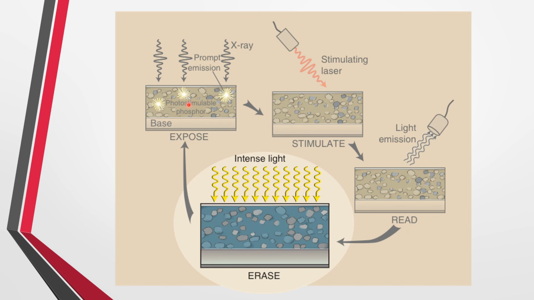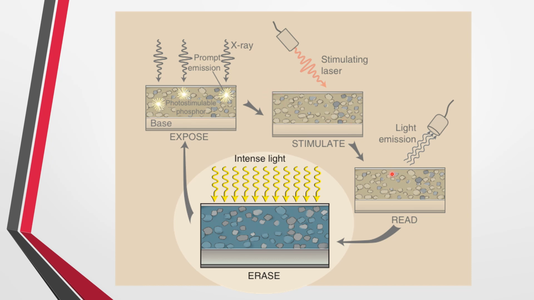So we have this nice picture here of the CR processing steps. We start with it being exposed during the exam, and then the stimulating laser is used inside the CR reader.